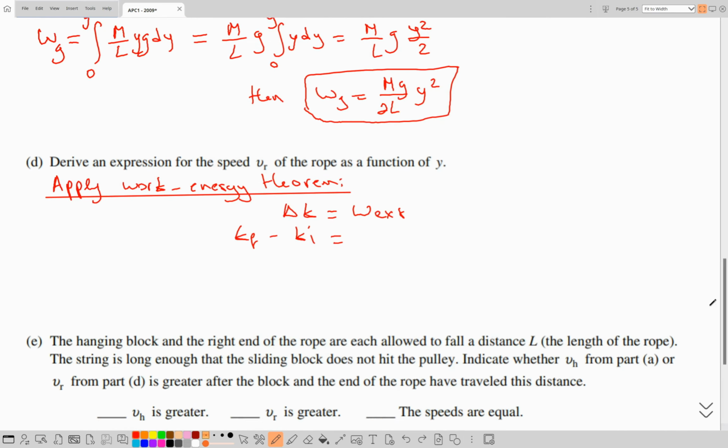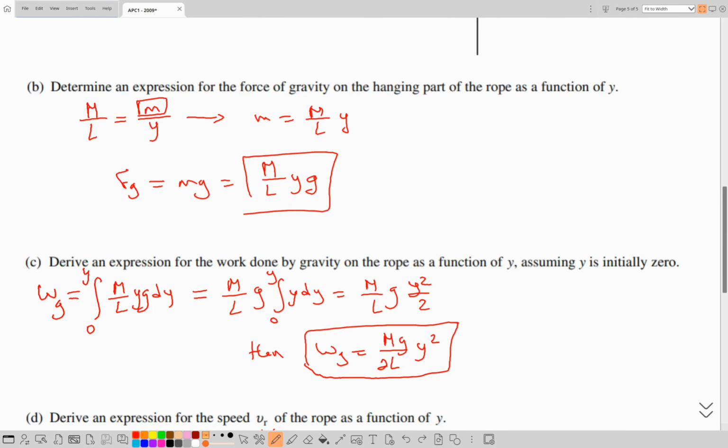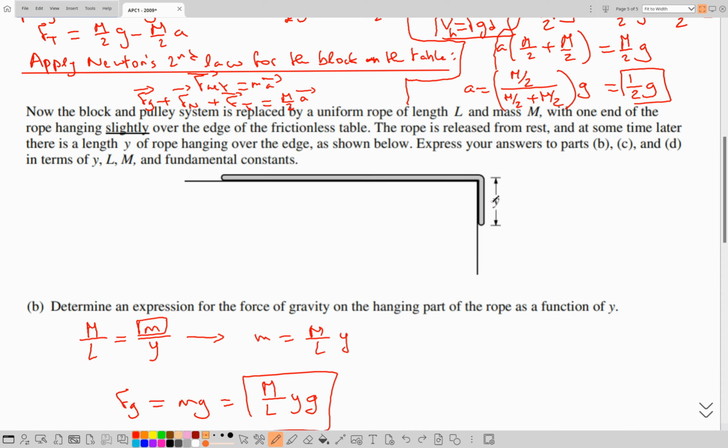So here pay attention. I will say the work done by gravity for the hanging part, which is this one, plus the work, I will say work G prime, for the part that is resting on the table, plus the work done by the normal push, because this includes all our system. And moreover, because the energy is being injected, it's not only injected for the hanging part, but also for the part which is moving on the table, because we have injected speed partly here and partly here.